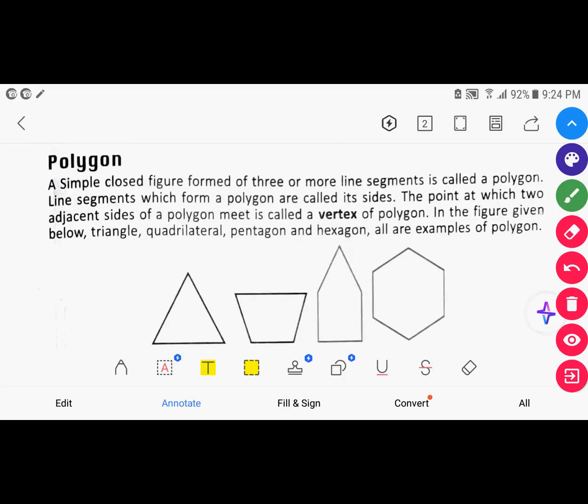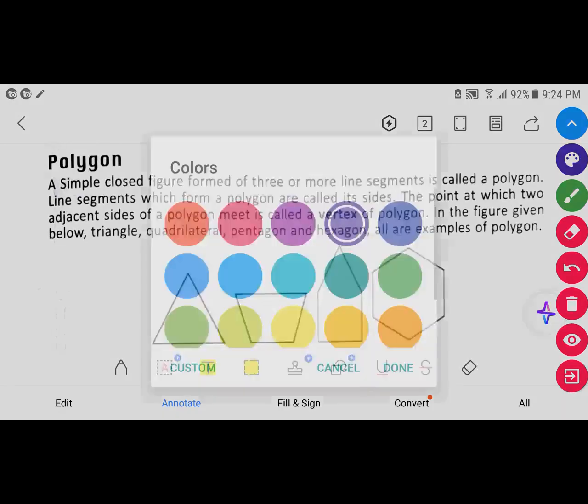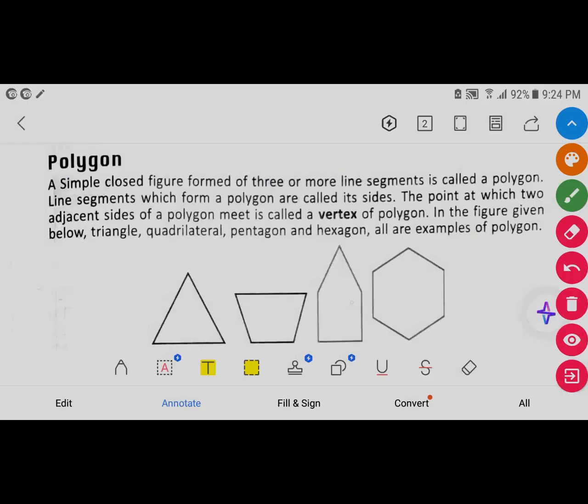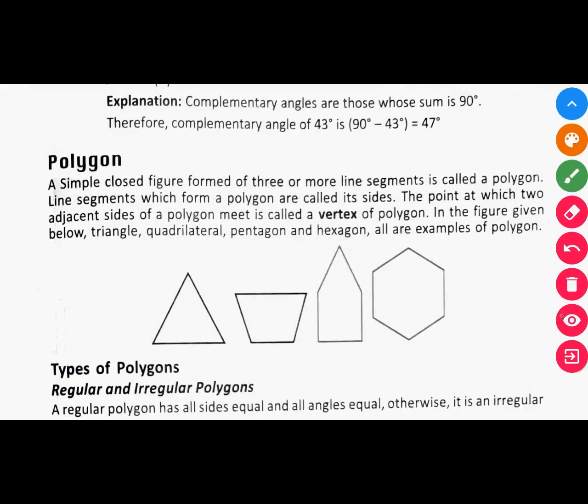Now after learning about the angles, their types, supplementary and complementary forms, we will move ahead to polygon. Now see what is meant by polygon. It is a simple closed figure, not an open one, formed of 3 or more line segments.